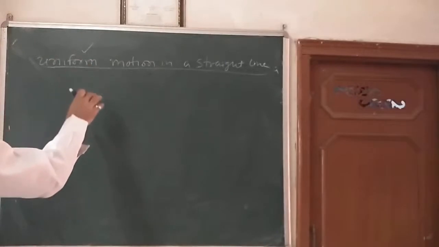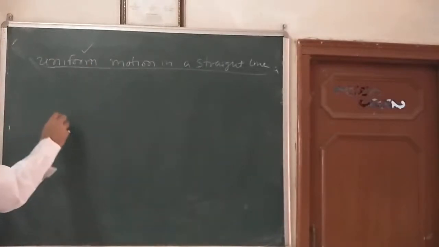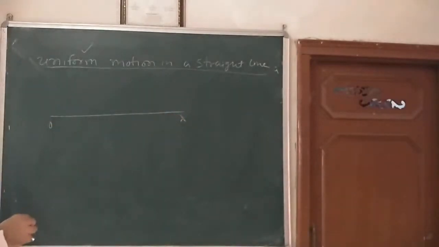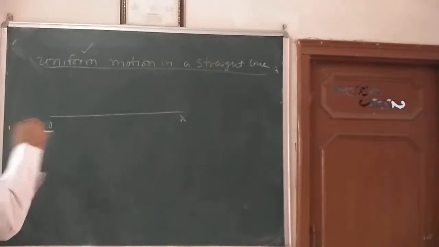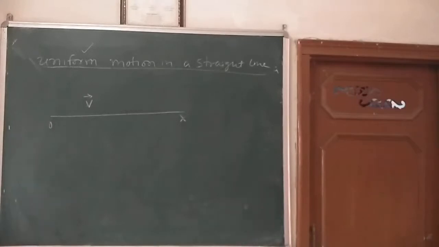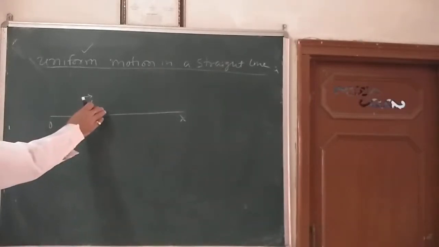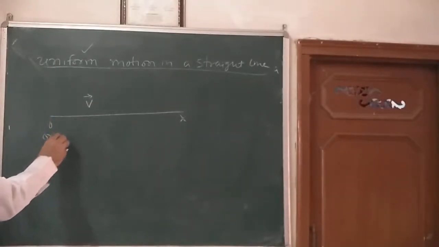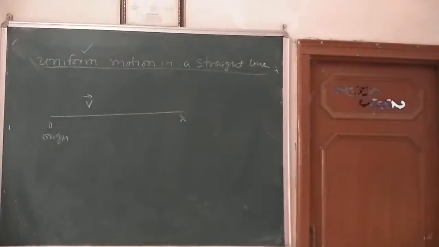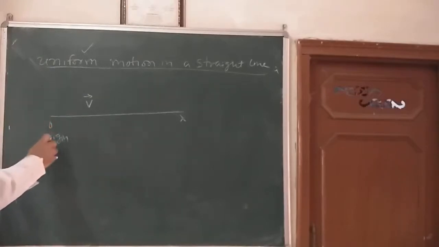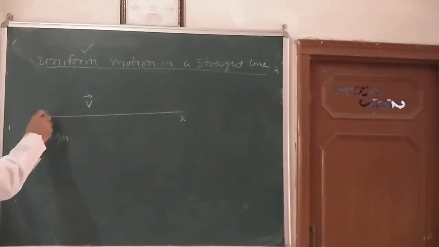So consider an object in uniform motion along a straight line, say OX. Say it is moving with a velocity v. Let point O be the origin. Let the time be measured from the instant when the object is at O. Here the time is 0.